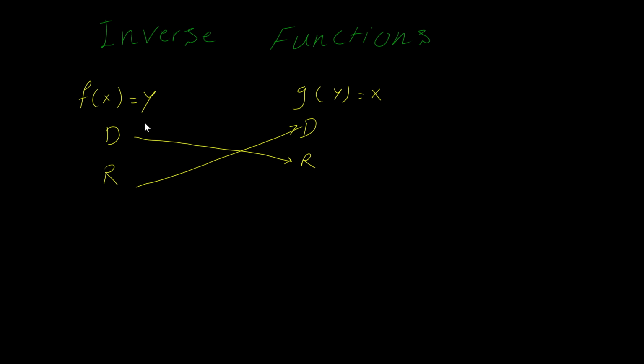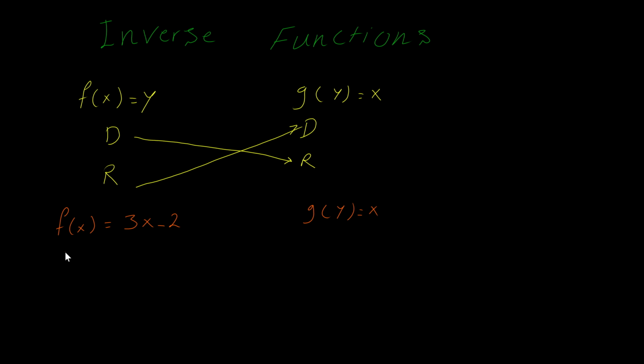Now, how do we get the inverse function? Let's do that through an example. Let's say that we have the function f of x is equal to 3x minus 2, and we want to find g of y is equal to x, which is the inverse of it.